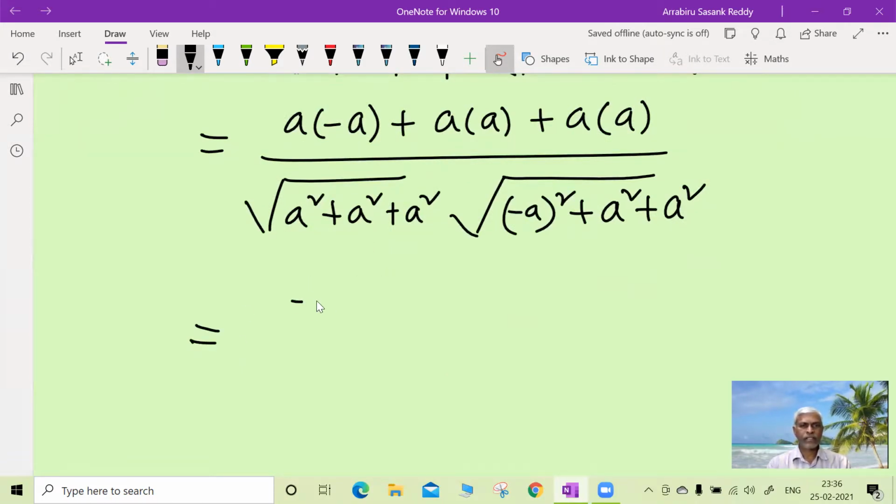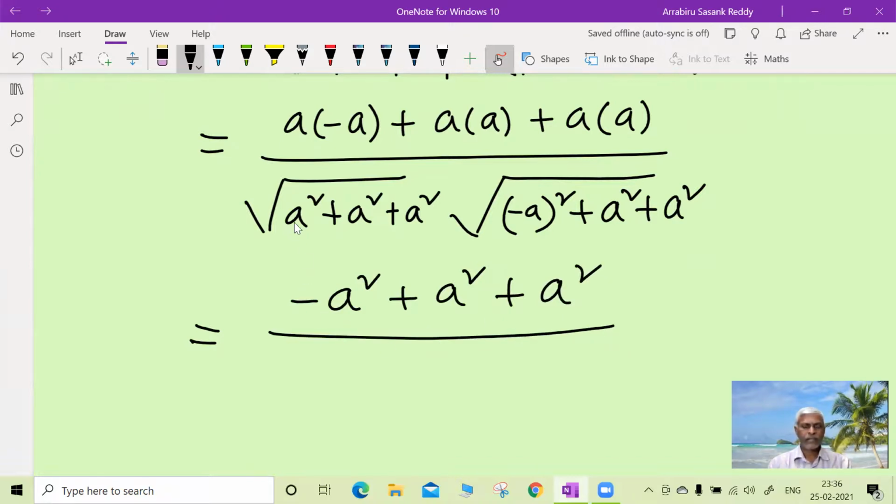So minus a square plus a square plus a square is a square; the denominator is 3a square in each root.